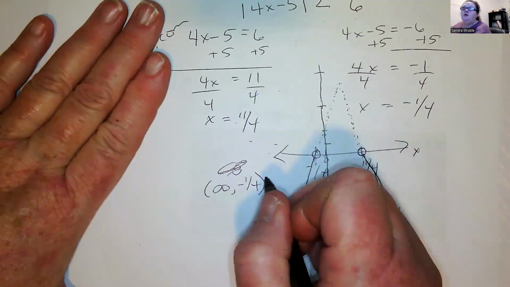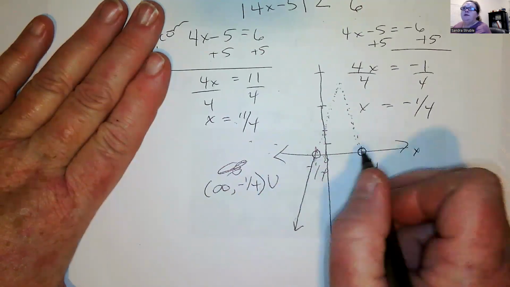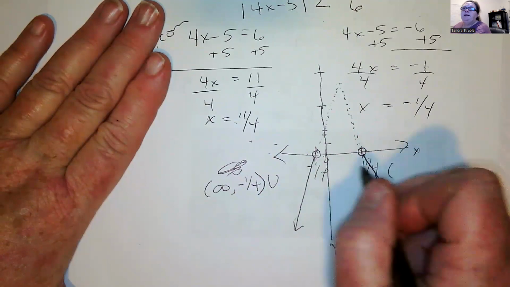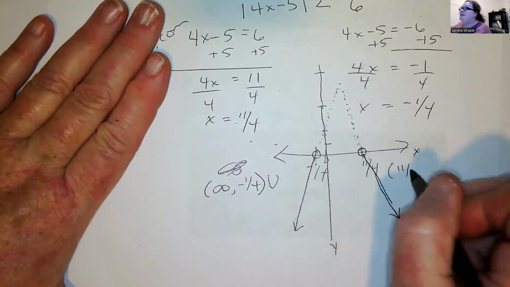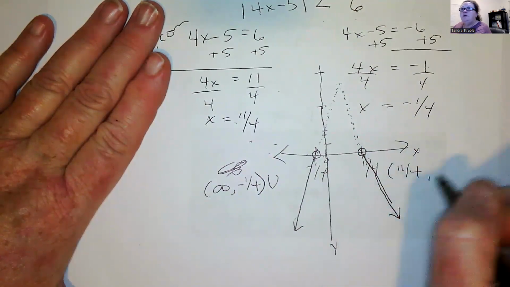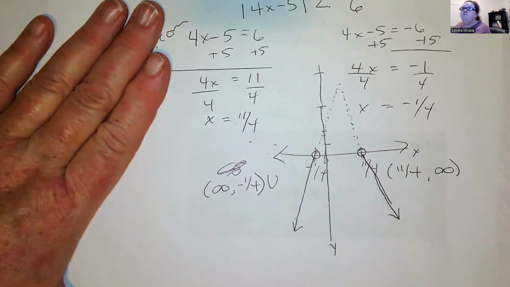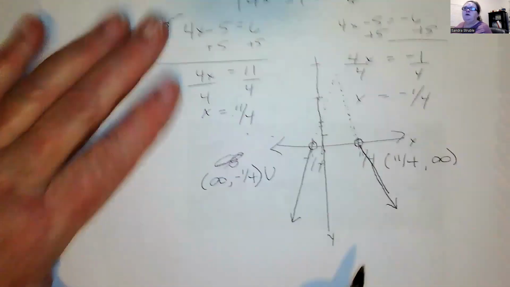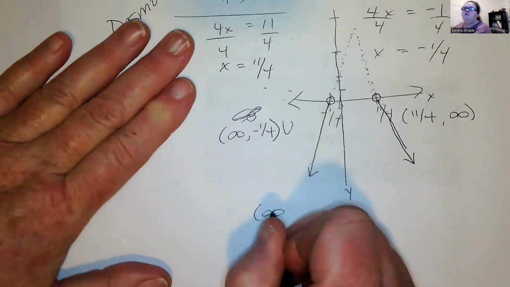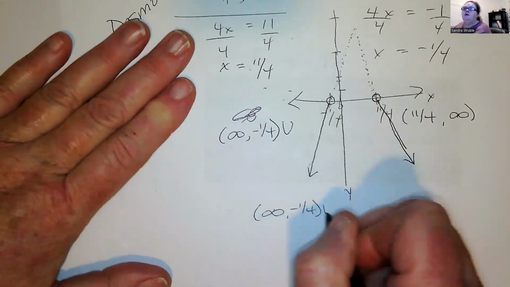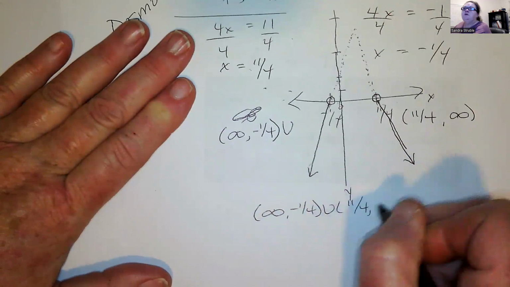Or on this side, we've got 11/4 parenthesis because it is not included either. And it's going off towards +infinity. But if that would be just put together, our answer would be -infinity, -1/4, union 11/4, +infinity.